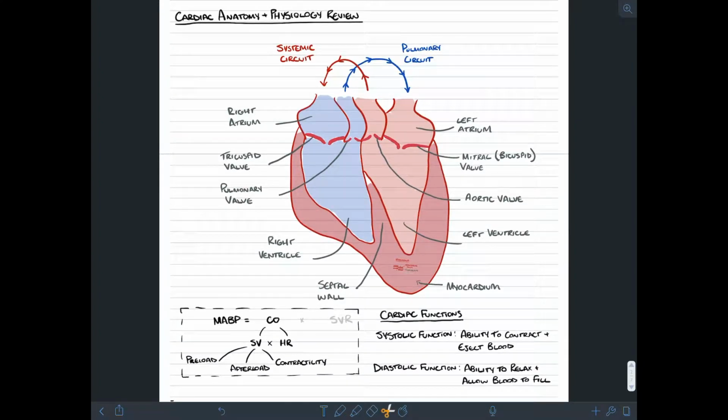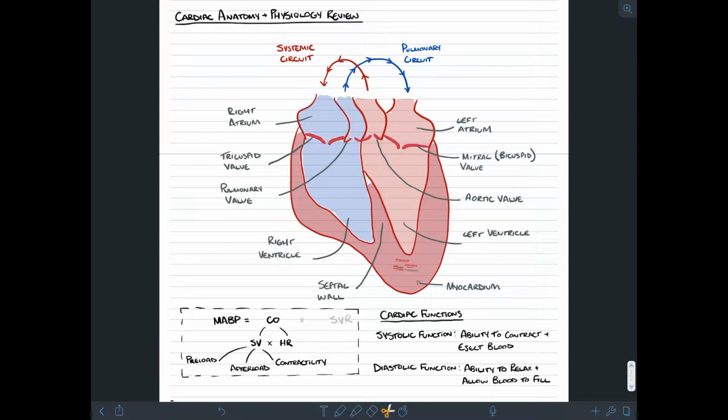On the contrary, diastolic function is the ability for the heart to actually relax and allow blood to enter and fill the space. So the diastolic function of a ventricle would be allowing it to relax and allow the atrium to send blood back into the ventricle. So these two functions put together allow the heart to beat and actually move blood within the body.